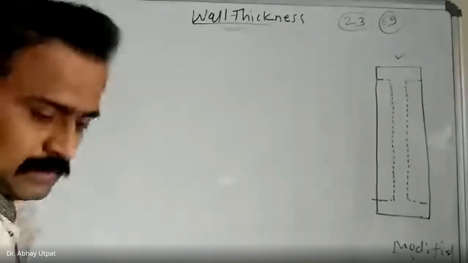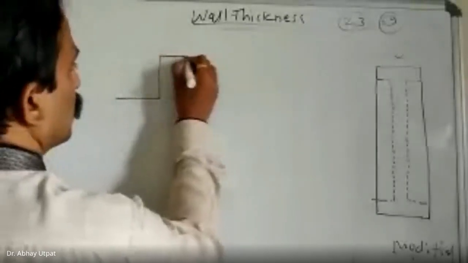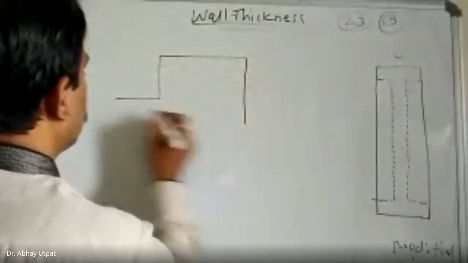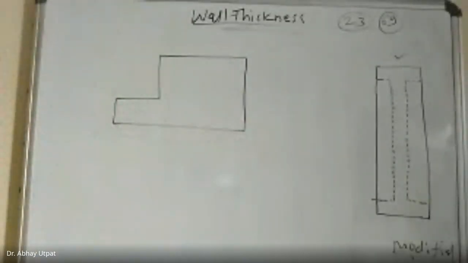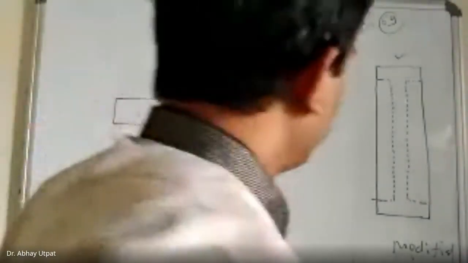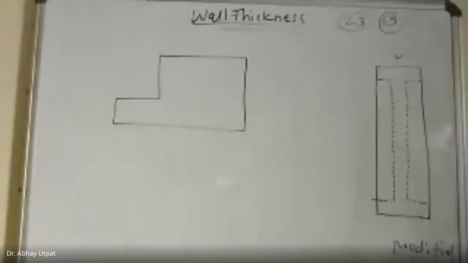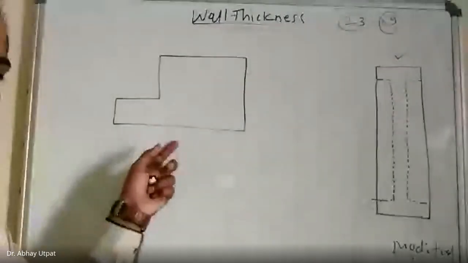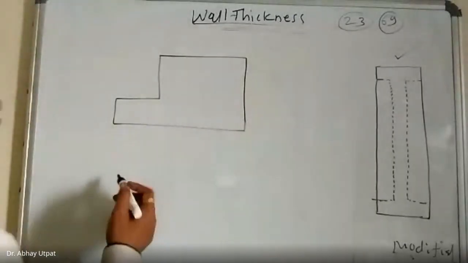Now, if this is the component, there is a shape limitation and the dimension is constant. How can you modify it as per the requirement of minimum wall thickness? Apply the same logic here also.